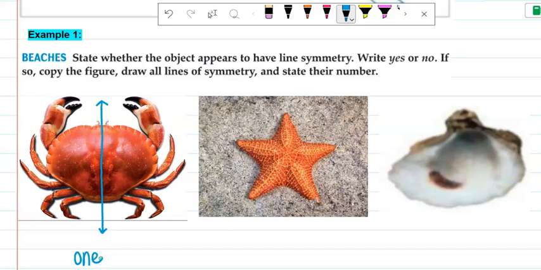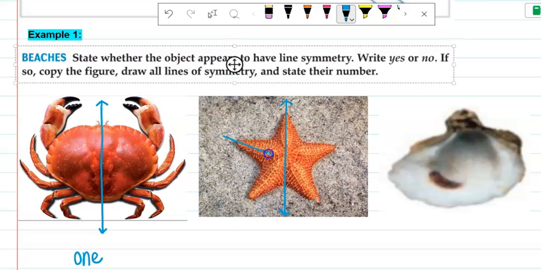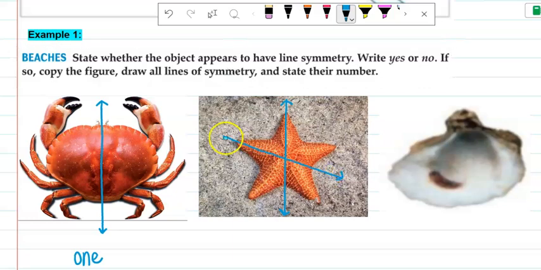For our starfish here, we have more than one, hopefully you're seeing. We would have the one going right down the middle. And if you turn your head a little bit, one way or the other, we could also do the same thing through this point.